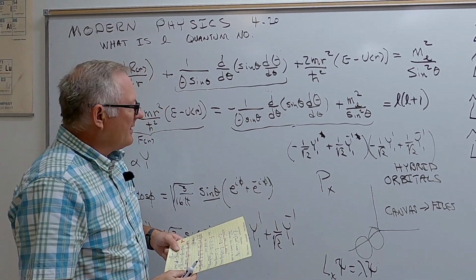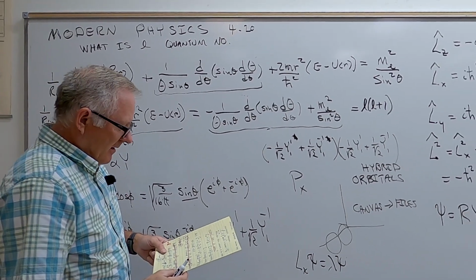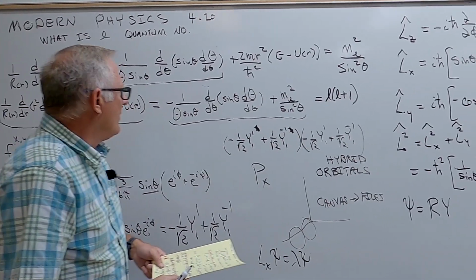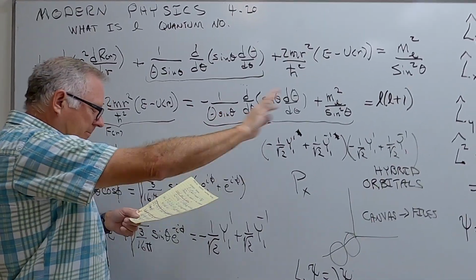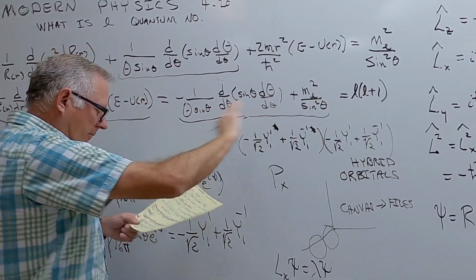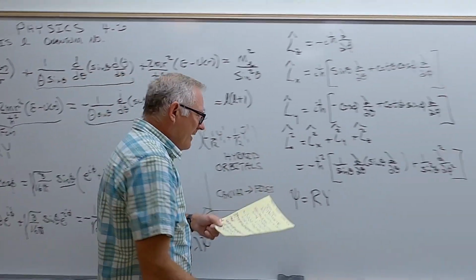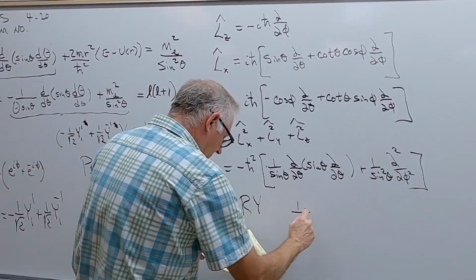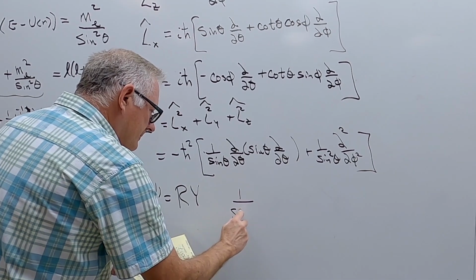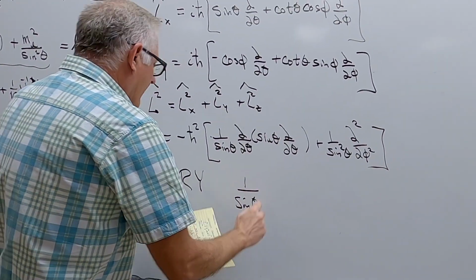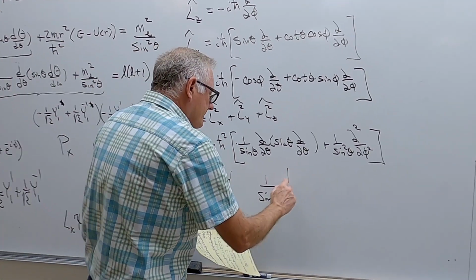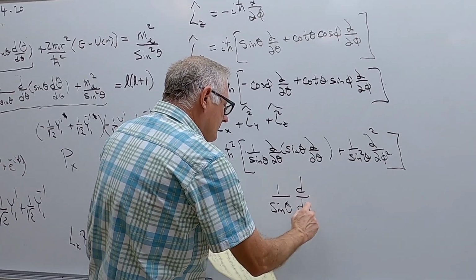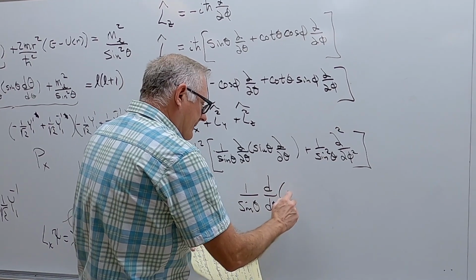And when we put it all on the other side, this was a positive term right here, and we multiplied by phi. So we ended up with 1 over the sine theta, and then d theta of sine theta.